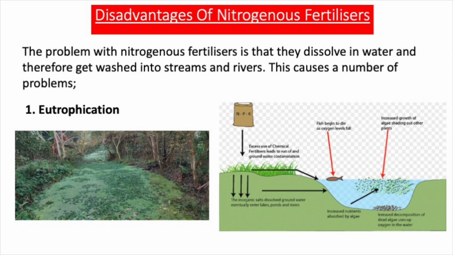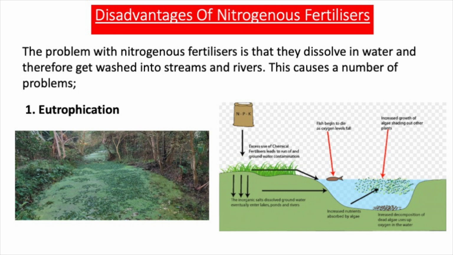By nutrients we mean nitrates from nitrogenous fertilizers and phosphates as well, which are often used as parts of fertilizers, and these are great food for algae, and the algae feed on these and reproduce, and you get what we call an algal bloom.